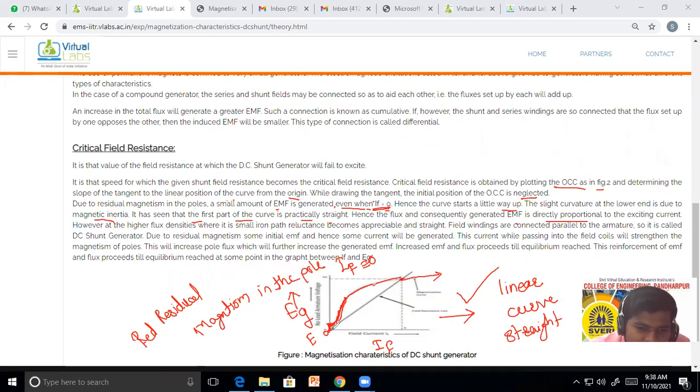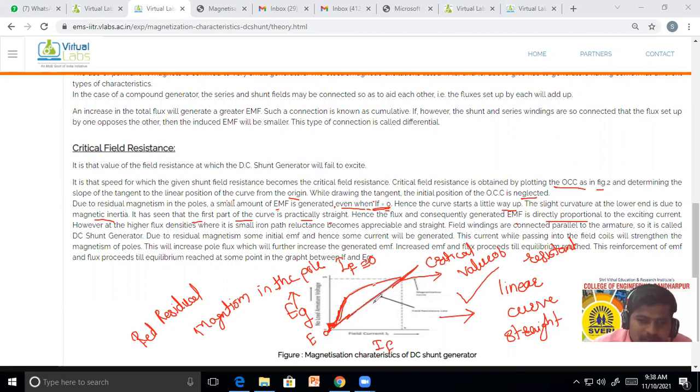See, if we draw the tangent passing from the origin, this is the critical value of resistance. Above that resistance value, the curve cannot start.